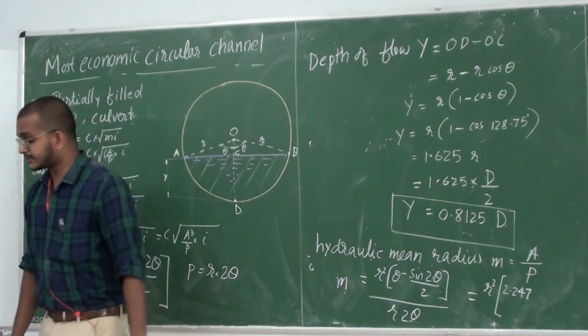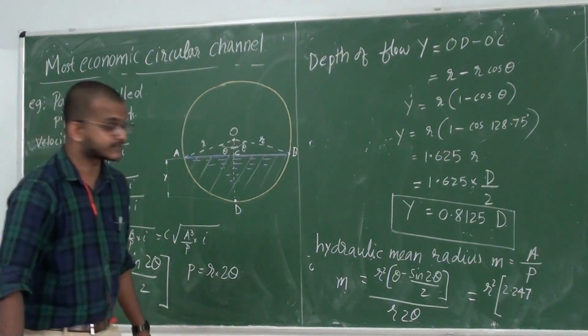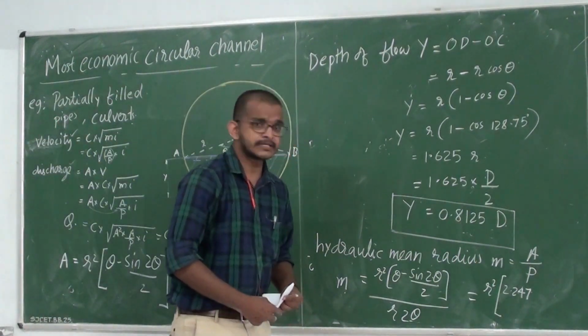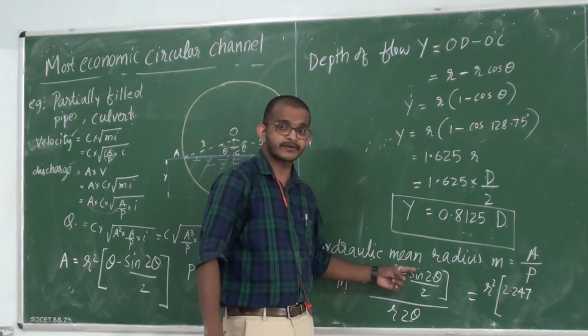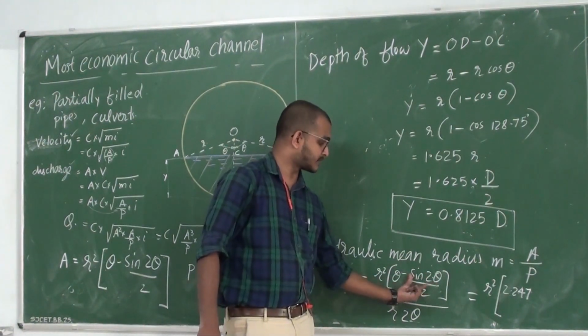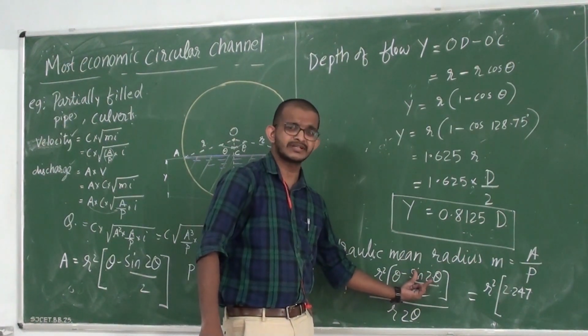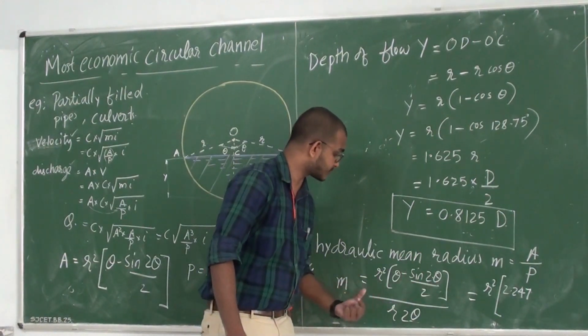We have to convert theta into radians. So theta is equal to 128.75 degree, which is equivalent to 2.247 radians. Please keep in mind that when theta is not associated with a trigonometric function, it must be in radians, and when theta is associated with a trigonometric function, we can substitute in degrees as well.